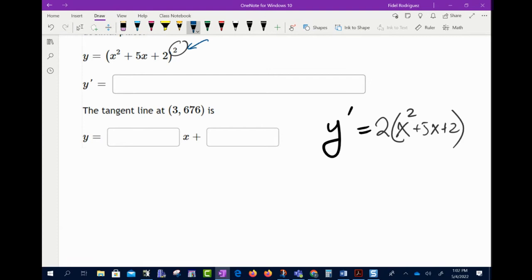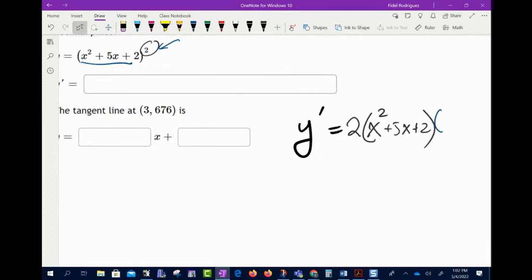Well, if it was 2 and we subtract 1, we still got 1, right? So it's there. And then we now have to take the derivative of the inside. Okay. So let's see. What is the derivative of x squared plus 5x plus 2? Anyone know? 2x plus 5? Yeah, right? 2x plus 5, right? Okay, so we're good there.